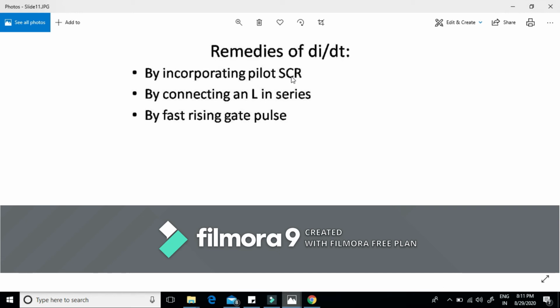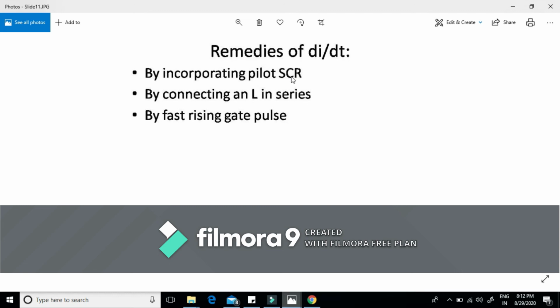That means if a high amount of gate current is applied, just like pressure, we are creating pressure at the gate terminal. That means a high rush of gate charge carriers will be at that gate terminal, and once the gate current reaches its steady state value, they will be uniformly distributed over the whole cathode surface area.